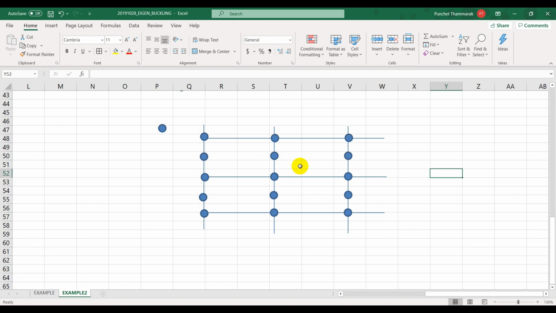But if you don't discretize your column this way, it doesn't pick up the second order effect. And then you might get the benefit from turning on the nonlinear stiffness, geometric stiffness in the program.